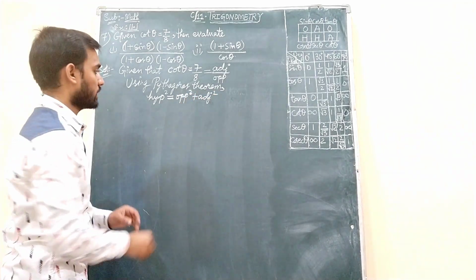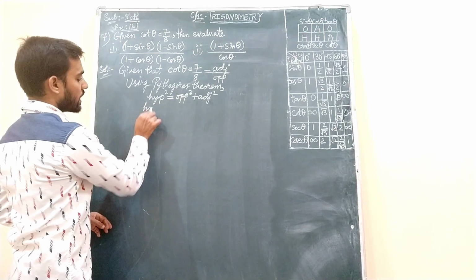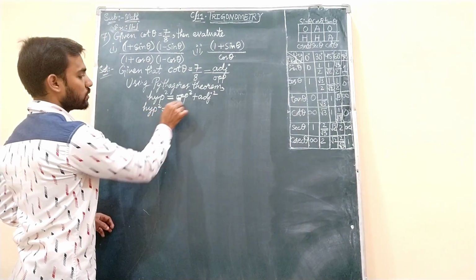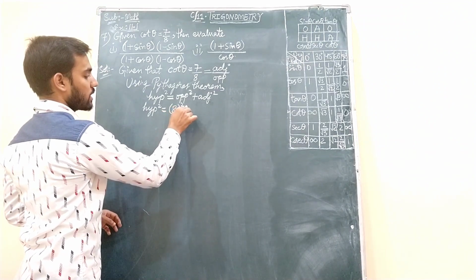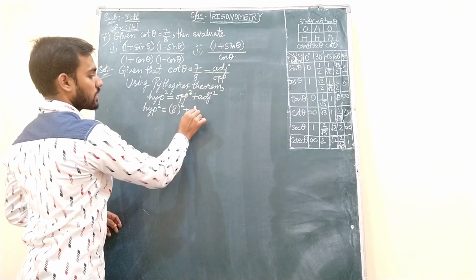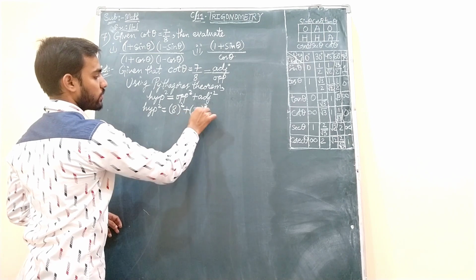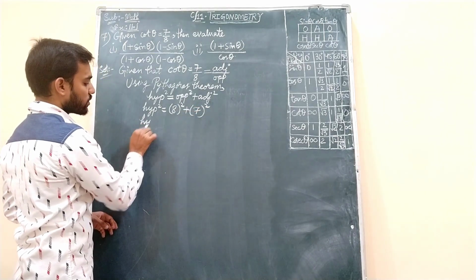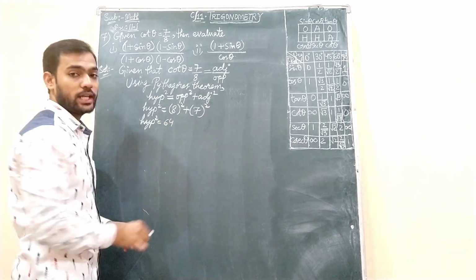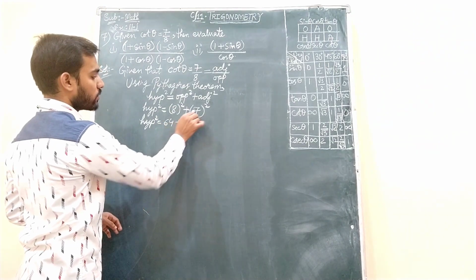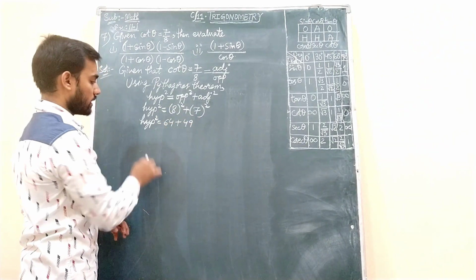Hypotenuse is missing, so we will write hypotenuse square equals opposite 8 square plus adjacent 7 square. 8 square is 64, and 7 square is 49.